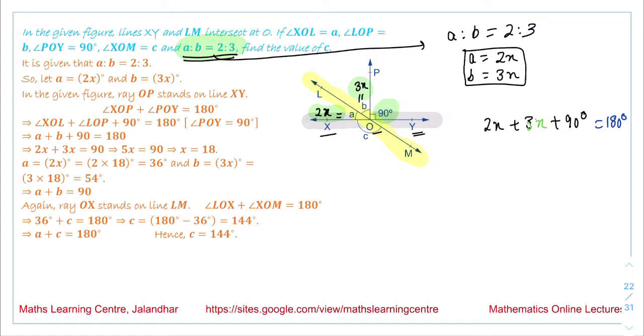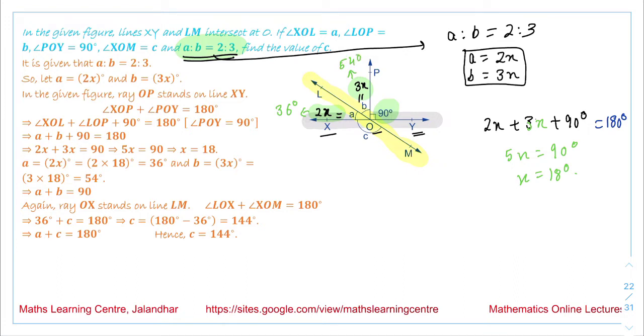So the answer you will get is 5x is equal to 90 degrees. So the value of x you will get is 18 degrees. So the two angles we have, this angle is 36 degrees and this angle is 54 degrees.